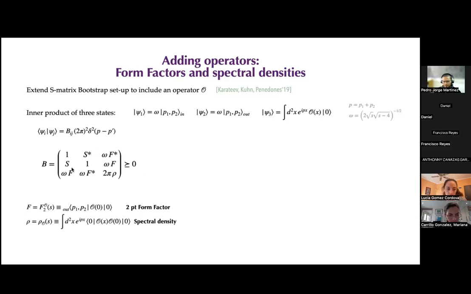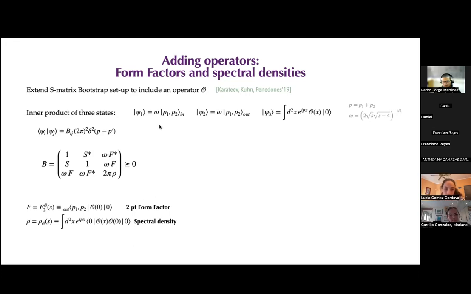So for instance, if you restrict it around here, which is the two-particle in and out only, you recover unitarity of the S matrix. But now if you include this third type of state with the operator, you get two different observables. One is called the form factor, which is this mixed state between the operator acting on the vacuum and an out particle state, or in with CPT.